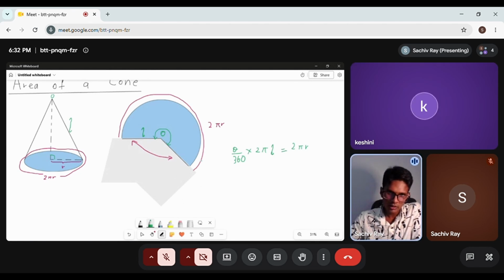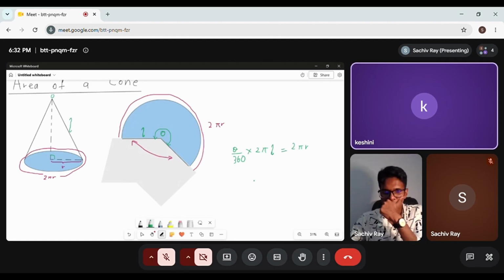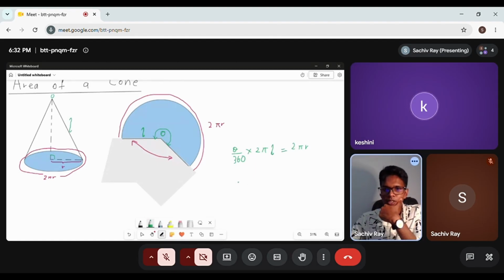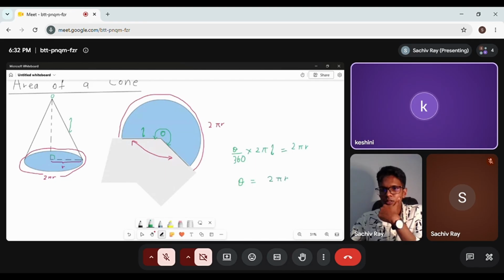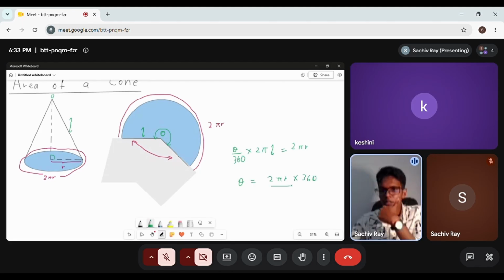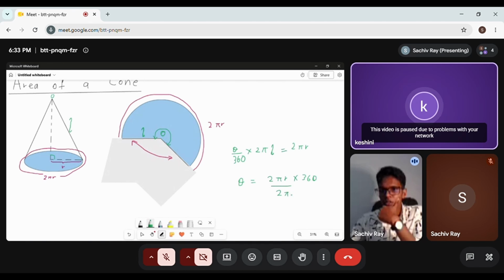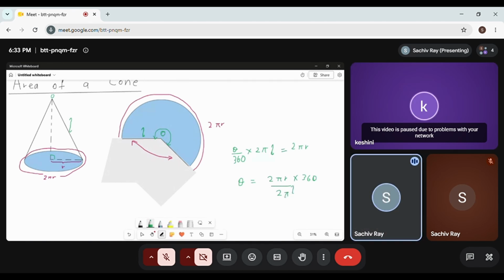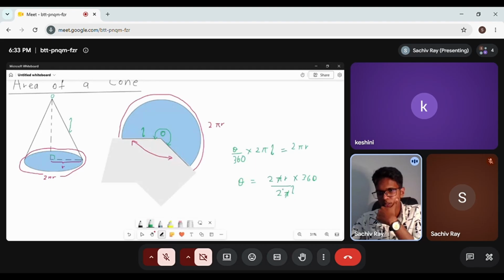Now, how do you find theta? We have to make theta the subject, right? Yes, sir. Theta will be equal to, it's a division, so it should be multiplied: 2 pi r multiplied by 360 degrees, and divided by 2 pi L. So pi and pi will cancel out, and 2 and 2 will cancel out.